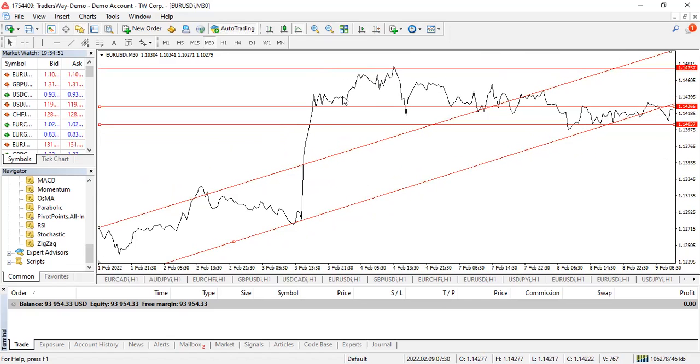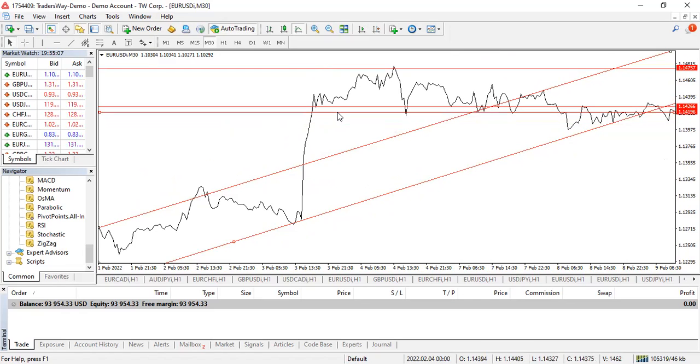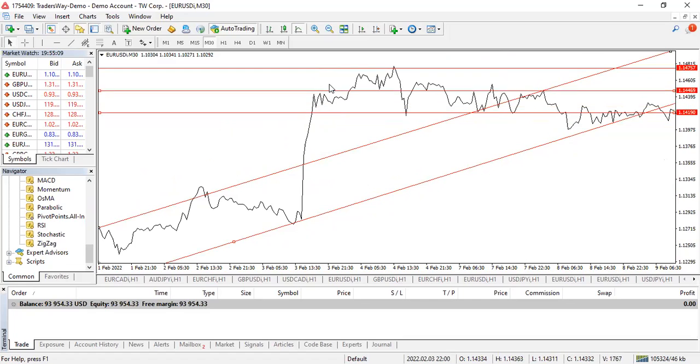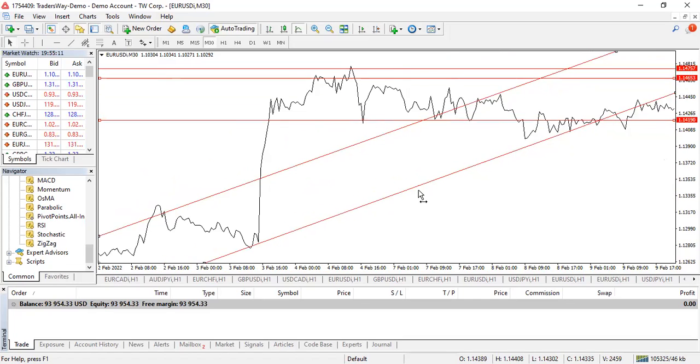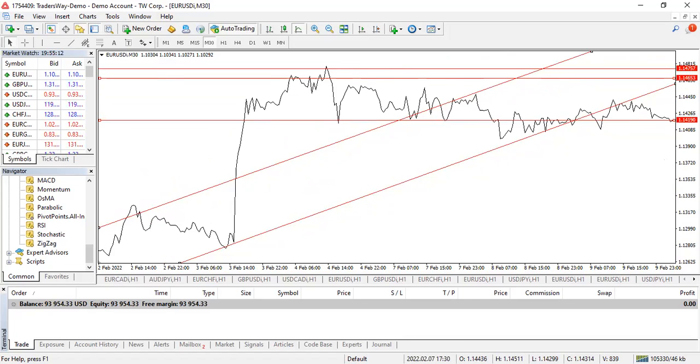I've already told us that when you want to place your stop loss, I believe this one is going up. So my stop loss will be below, somewhere here, below the nearest support. I will target 1:2.